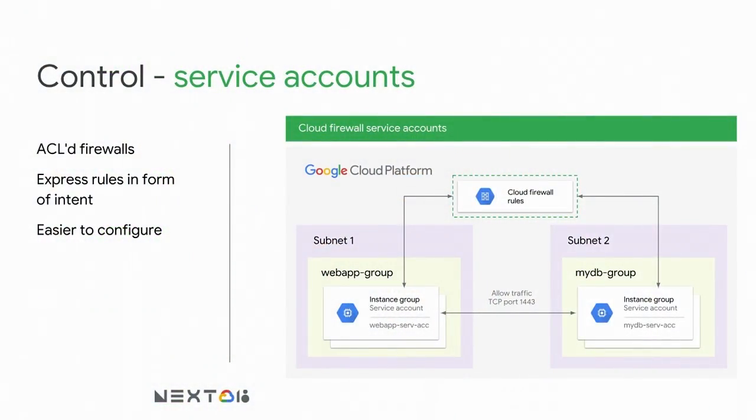Using service accounts allows you to set up firewall rules in terms of intent, i.e., rather than thinking, oh, what's the IP address of my web server or my database, you could think, I want to allow my web server to talk to my backend database. It actually helps to mitigate user error because it's just more natural to think about it in that form. So it's authenticated rules, and obviously I'm excited and I really like it.